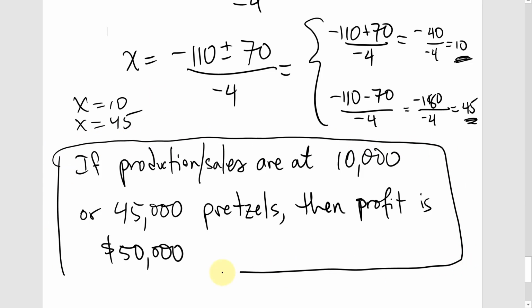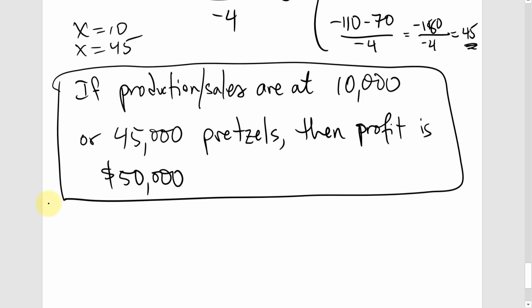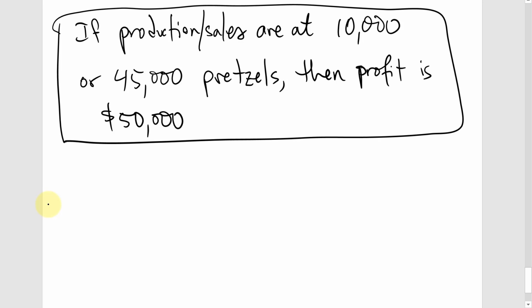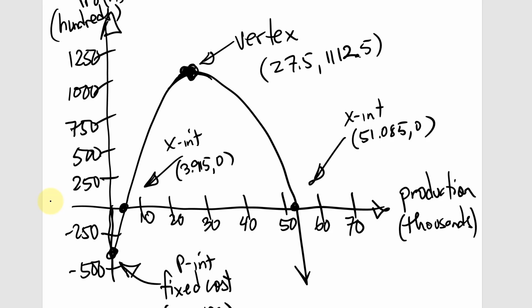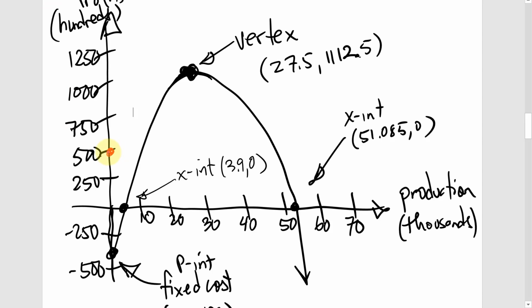Okay, and that is part of part C, but the other part of it was to include in the graph that we just did this line where profit is set at 50,000. So let's do that. If I go back to my graph, right here at 500, we could draw a line right across.